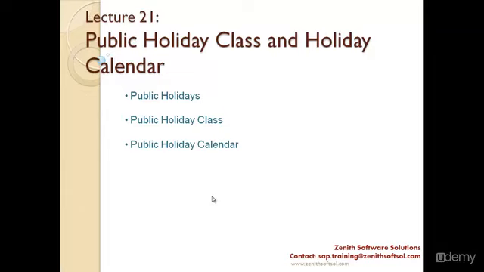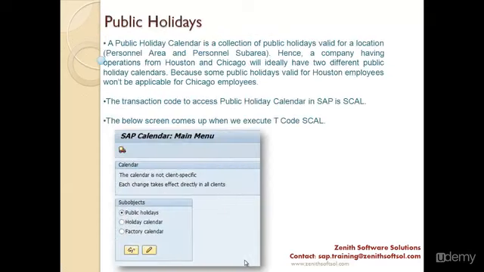So what is public holidays, what is public holiday class, and then how to create a holiday calendar. So what is a public holiday? A public holiday calendar is a collection of public holidays. We know a calendar is a collection of days, right? So in SAP, a public holiday calendar is a collection of public holidays valid for a location.